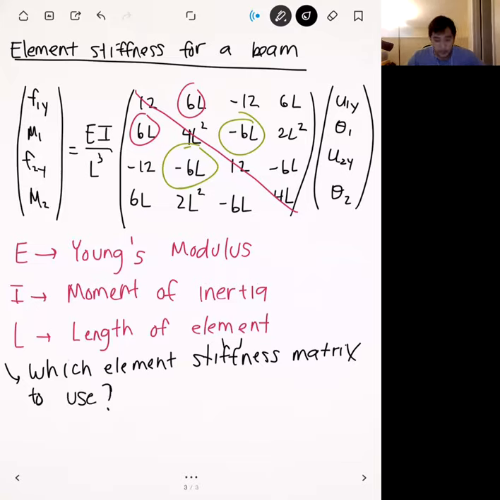Because visually, these beams and trusses look the same. They just look like long, slender elements. And so the question is, how do we know which one to use?